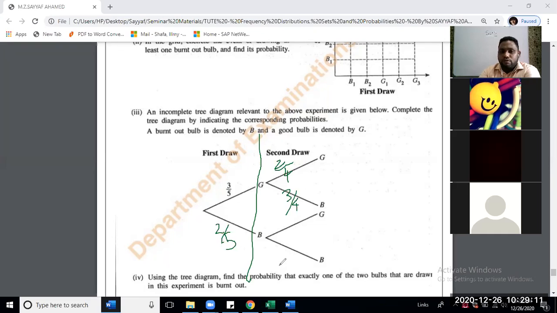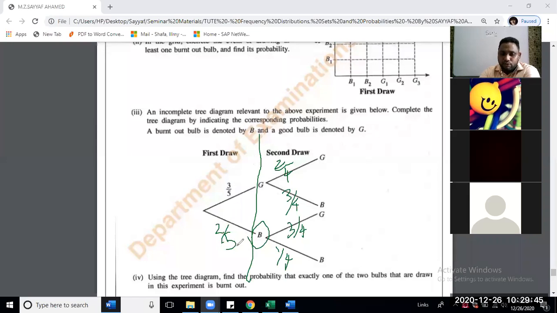When it comes to the lower branch, we assume this is the burnt out one, so in the burnt out we make it 1 out of 4, and there's no change in the good ones. I hope it's clear for you guys. Now here we had already 3 and 2.